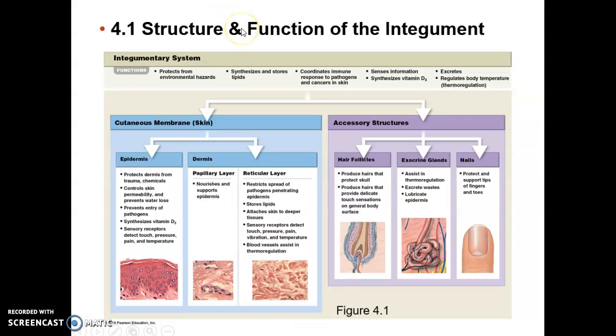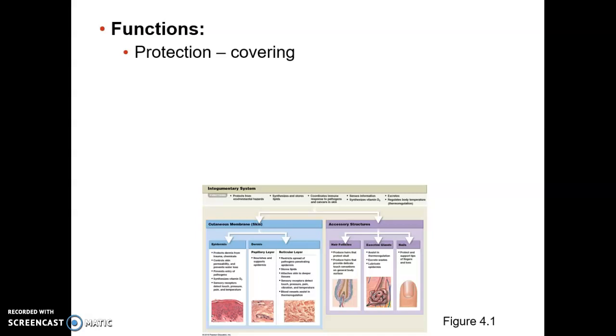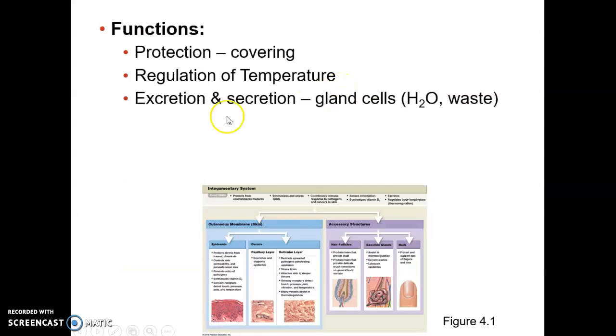So overall structure and function of the integument, your figure 4.1, you should know essentially everything on here. Overall functions: protection, it's a covering against the environment, helps prevent water loss, dehydration, and protection from pathogens. Regulation of temperature, when you sweat, that helps cool you off.